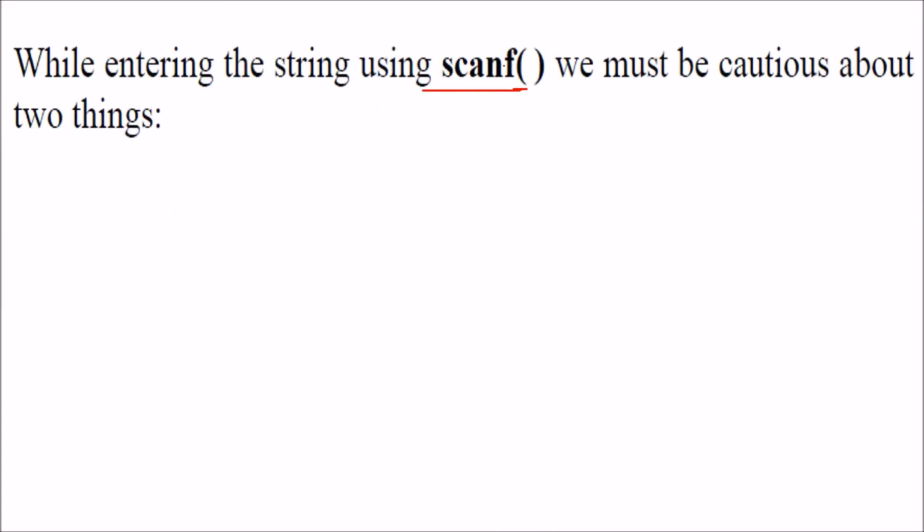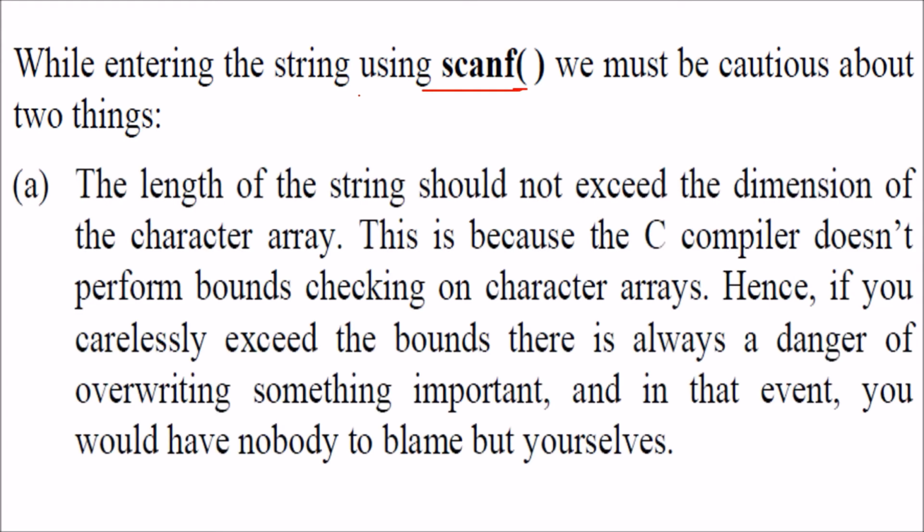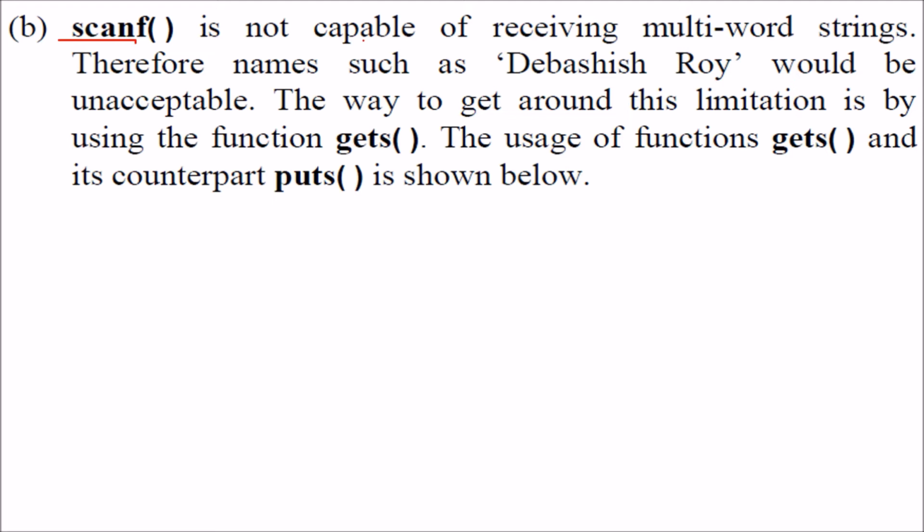But scanf, as I just said, has a catch. Before that, the length of the string should not exceed the dimension of the character array. It is your responsibility to check the bound. If you exceed the bound, you will get irrelevant results. Scanf is not capable of receiving a multi-word string.